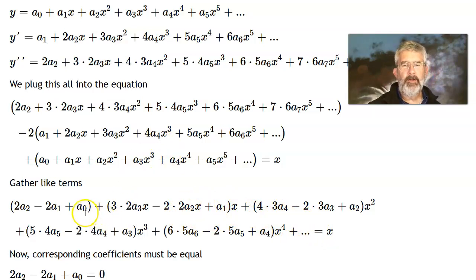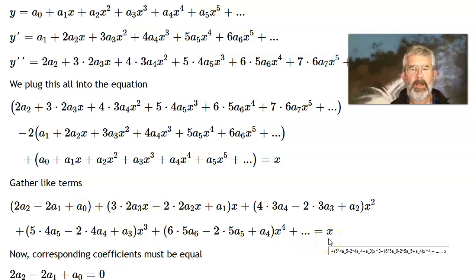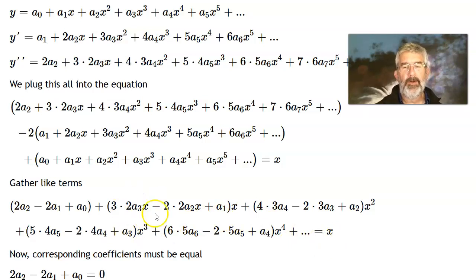So I'm just collecting all the constants, the linears, the quadratics, the cubics, and so on, and that's all supposed to equal x. We're doing this because this is a big old infinite polynomial on the left-hand side, and a big old infinite polynomial on the right-hand side. Actually, the right is a really little infinite polynomial because most of the coefficients are 0. The one that's not 0 is the linear coefficient, which is a 1.